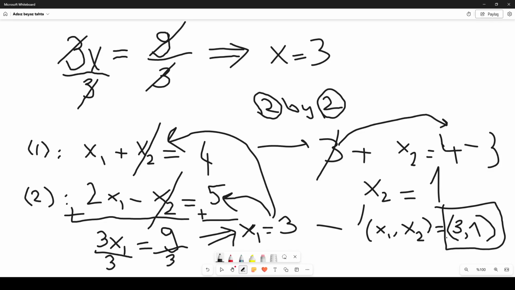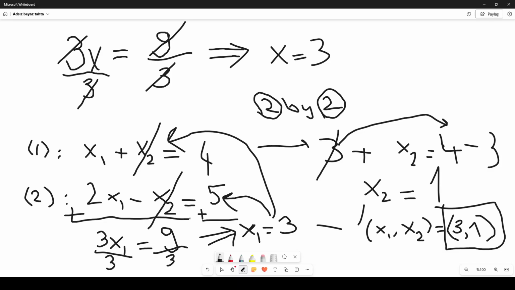And the solution means that we found a point, which is 3, 1 in this example, that satisfies both equations in this system simultaneously. In other words, when we plug the value 3, 1 in either of the equations, all of the equations would be satisfied.